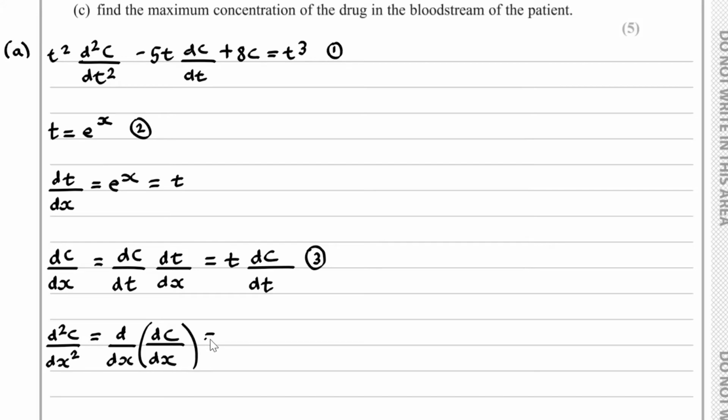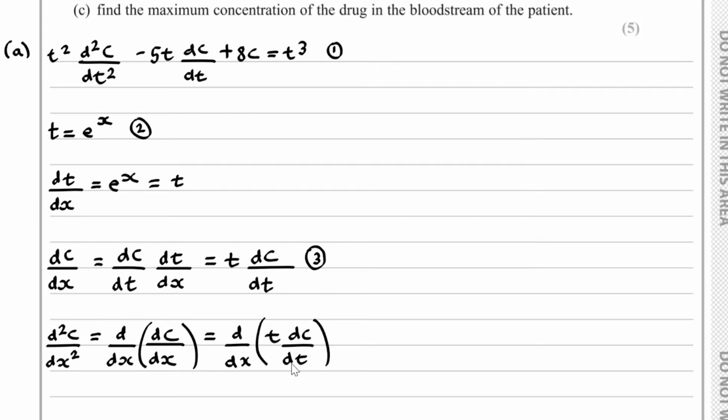And dc over dx is the same as t dc over dt. So we wish to differentiate t dc over dt, and here we'd have to use the chain rule because we have to differentiate this implicitly. Here inside the bracket, everything is in terms of t, and we wish to differentiate this with respect to x.